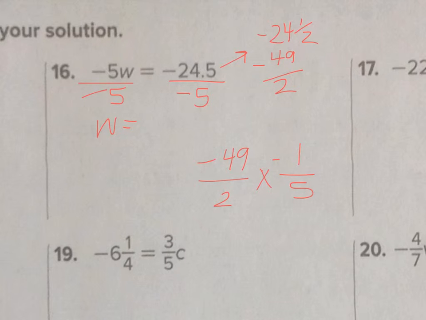And this is negative because, remember, that's a negative 5. And when we take a negative 49 times a negative 1, we're left with just 49 over 10. And to simplify this, we are left with a positive 4.9.